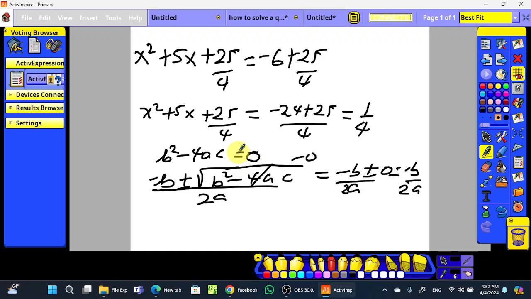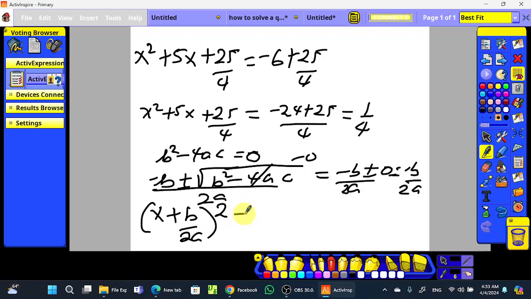You see, this is a perfect square. As the one solution is minus b over 2a, the equation could be written as x plus b over 2a, the whole square. If the solution is minus b over 2a, the perfect square could be written like this, plus b over 2a.